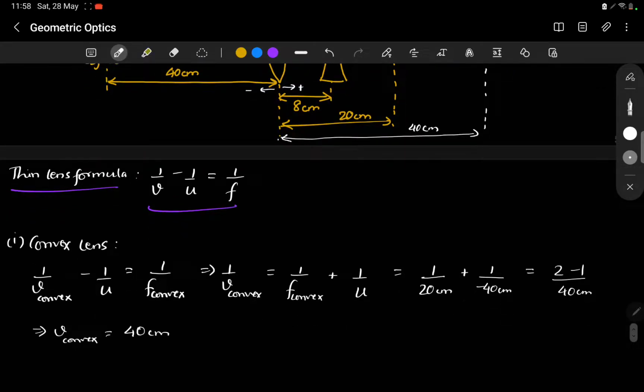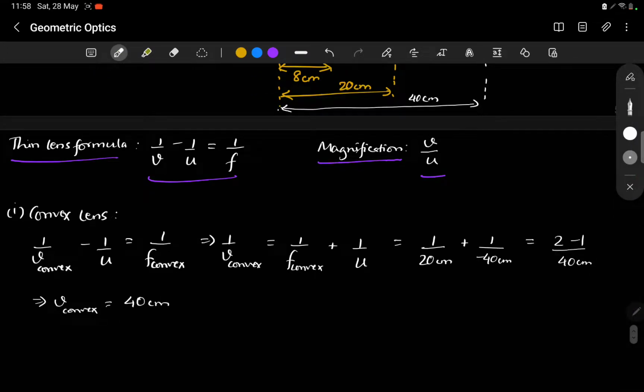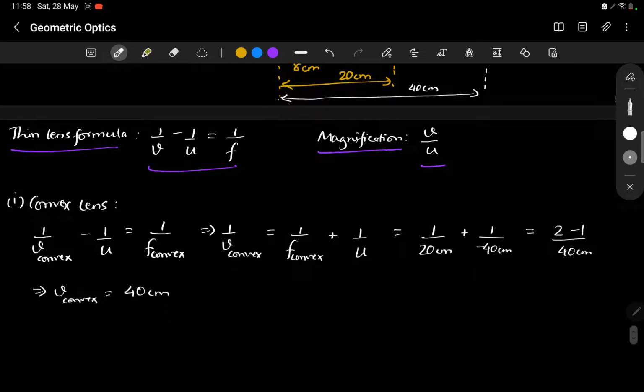And then we need to find out the magnification. Magnification is given as V over U. This is the formula for magnification. In this case, we have V is 40 centimeters, U is minus 40 centimeters.